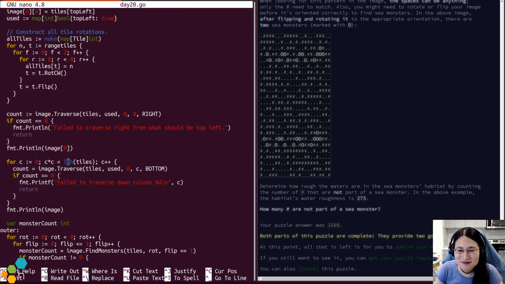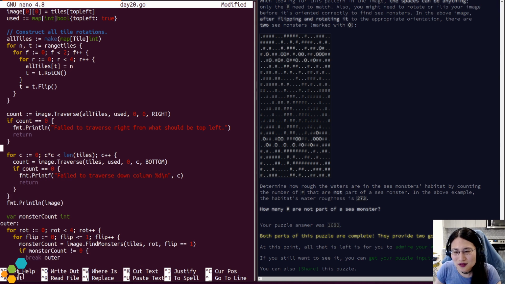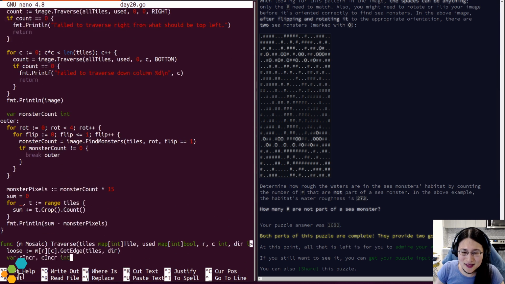Great. So now, instead of passing tiles to traverse, we pass all tiles. And don't need this piece of debugging. And over here, we're going to go ahead and so this is the same thing.